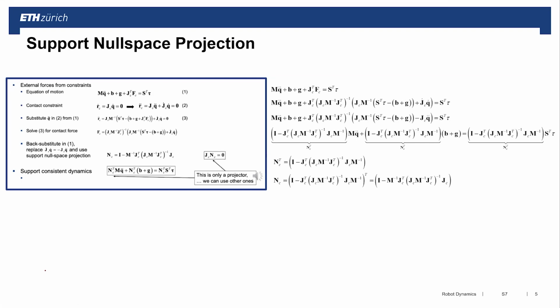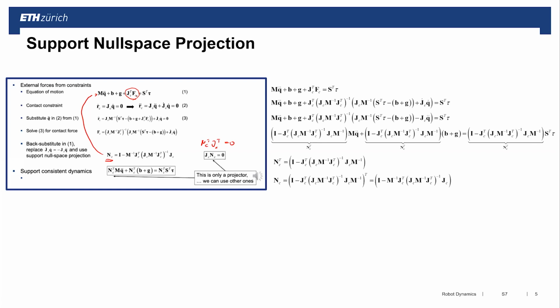We came up in the end with a null space projector matrix, which I can pre-multiply my dynamics equations of motion, and due to the fact that Nc transposed times Jc transposed equals 0, this part here drops out. So I get dynamics equations of motion which are independent of my contact forces. So I get a direct relationship between torques and accelerations independent of the forces.